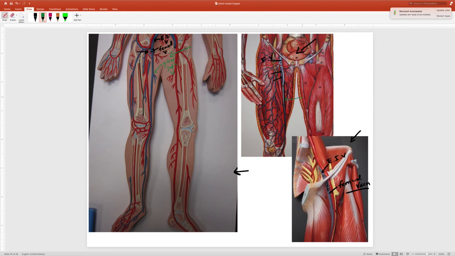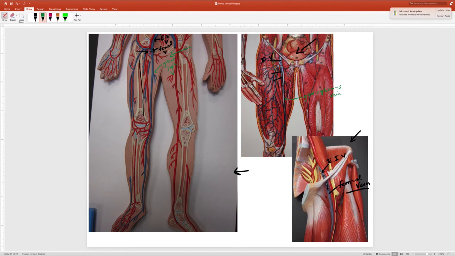Again, it is very superficial. It is on both sides, but we only see it on one side here. So this is the great saphenous vein. Very commonly, this vein will be used for bypass surgery when coronary vessels need to be bypassed, like if they're clogged. So that's the great saphenous vein.